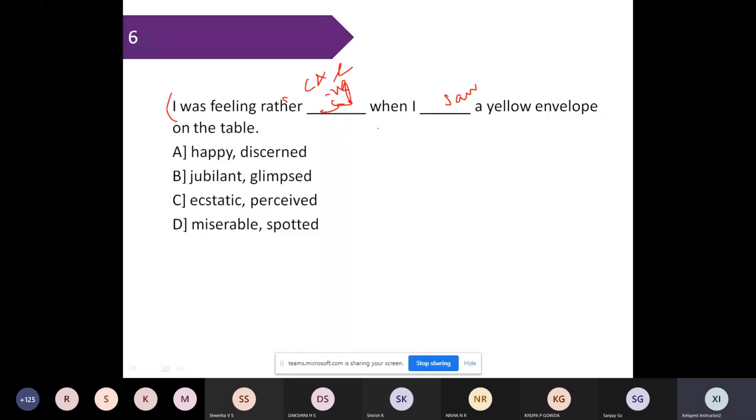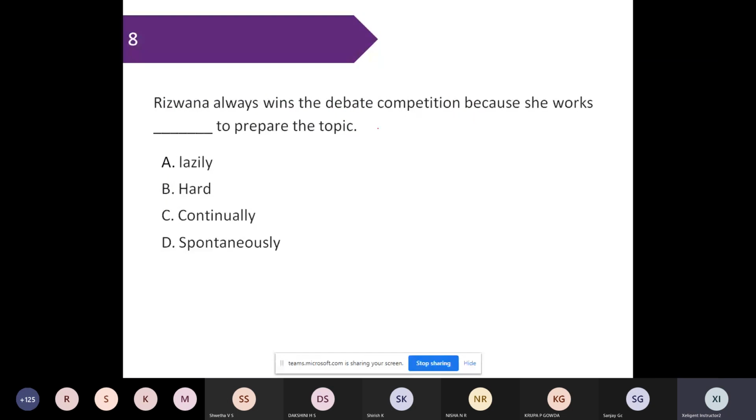Next one, question number 8. Rizwana always wins the debate competition because she works blank to prepare the topic. Find out the guess word.